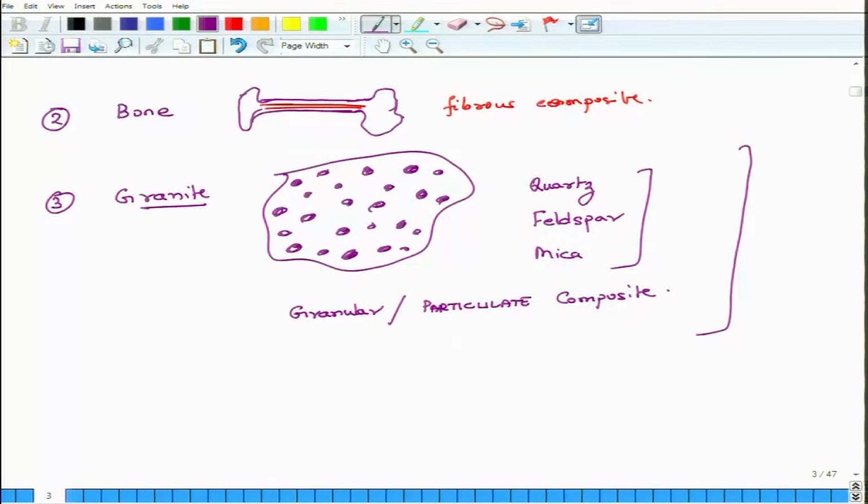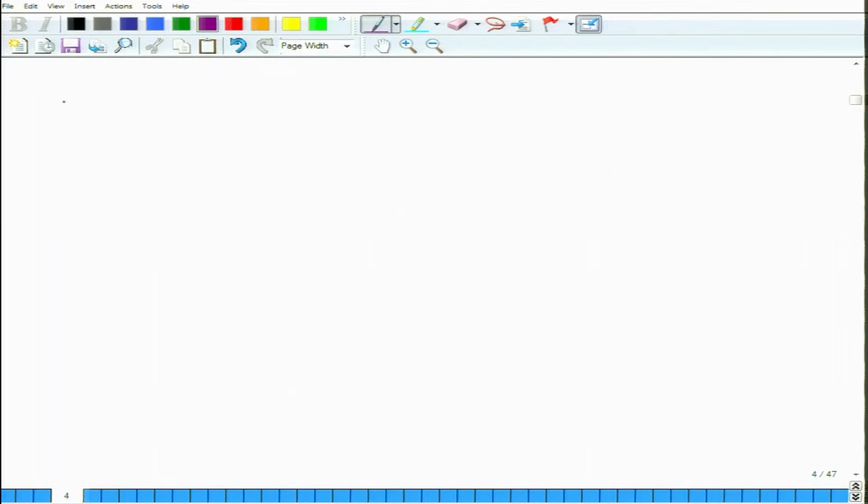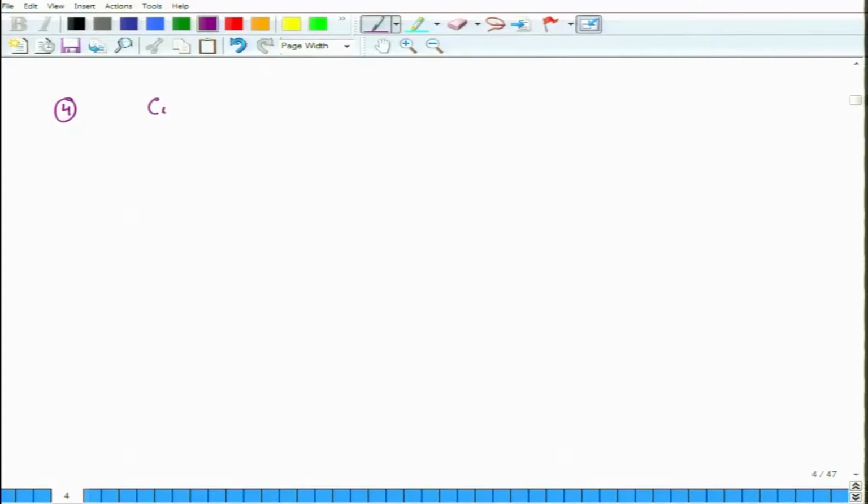And finally, I will give some examples of man-made composites. So, what are the examples of man-made composites? The most widely used example of a composite material would be concrete. What is concrete? If you look at a piece of concrete, what does it have?